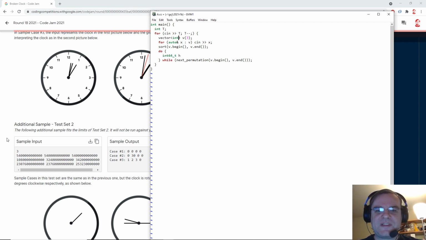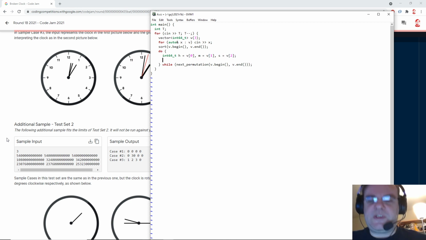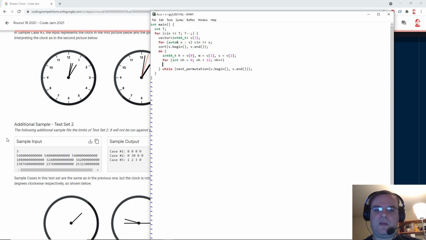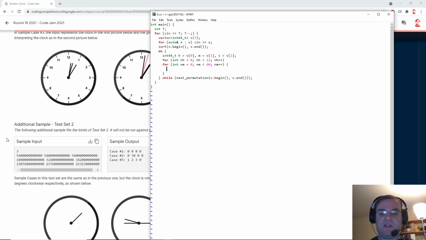Oh yeah, this should be 64 bits too. All right, so we're going to try all the permutations of h, m, and s until we find one that works. And what we don't know is how many times the hour hand and the minute hand have gone around.